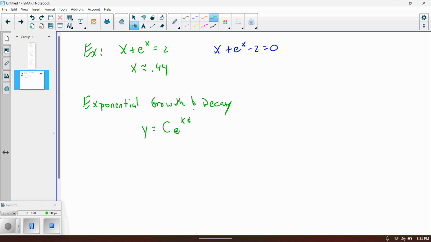And the pieces that you need to know are that c is your initial amount. Whatever it is we start off with, that's the initial value, the initial amount. K is what is called the constant of proportionality. Also might be called the growth rate.